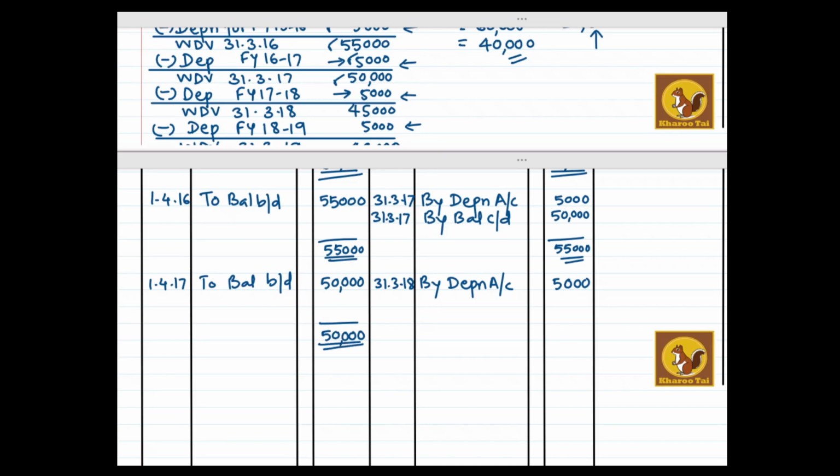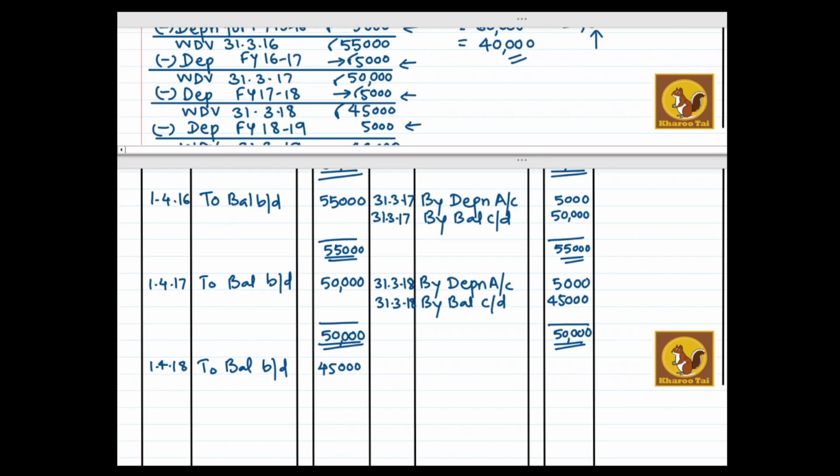There are no other entries. Okay. So at the year end, by balance closed down, 45,000. And opening on the next day, first April, to balance brought down, 45,000. Correct? This is 5,000 and this is 45,000.